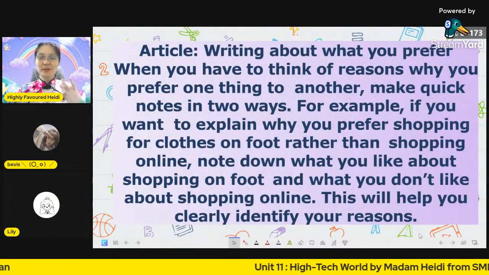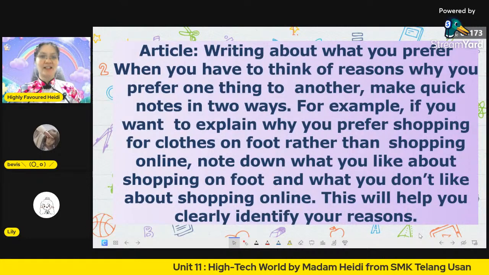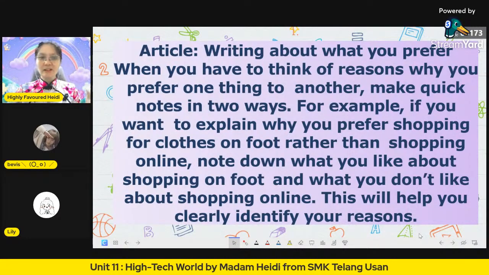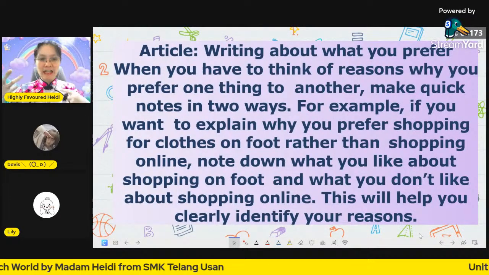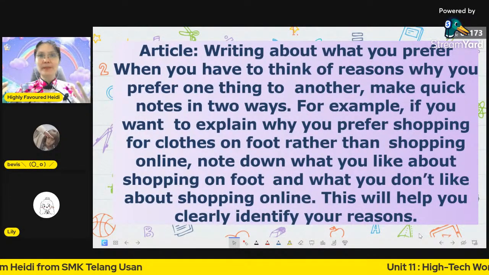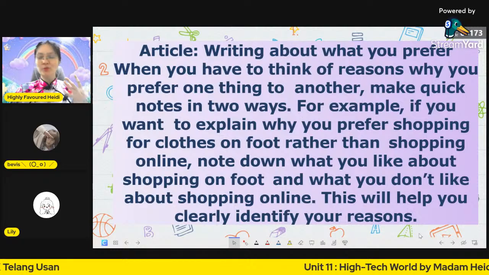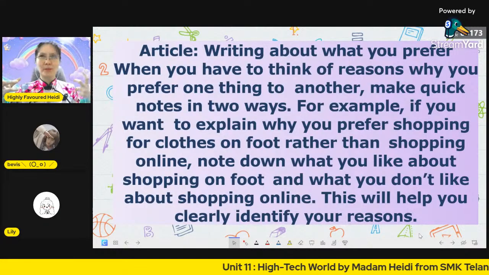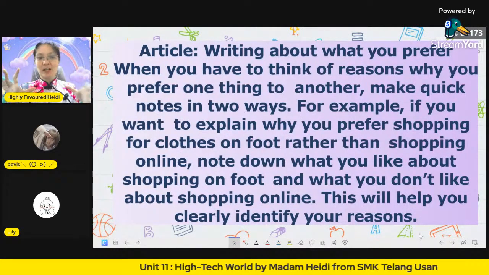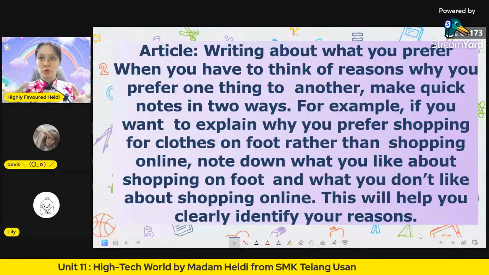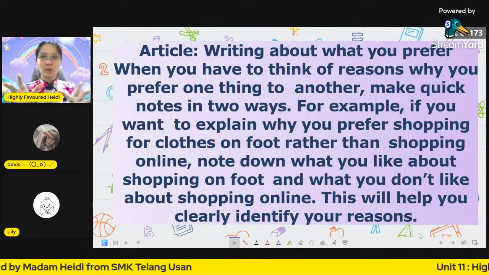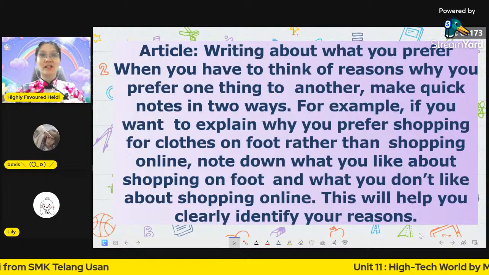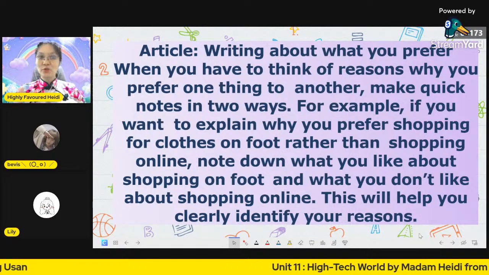So today we are going to focus on the article, and I think it's a familiar topic because it's shopping. But of course, if you talk about shopping online, not everybody actually shops online. You know about Lazada, you know about all these apps, but are you really shopping online or not? Because in order to shop online, you have to have an account where you can debit and credit your money so that you can pay online.